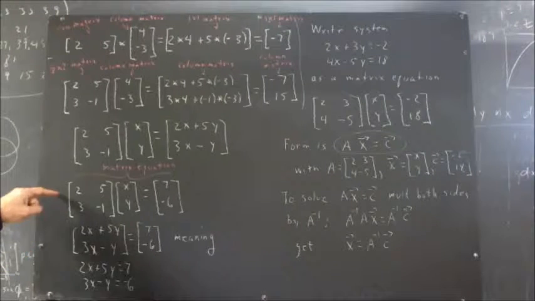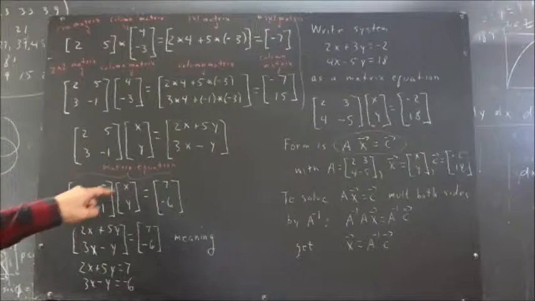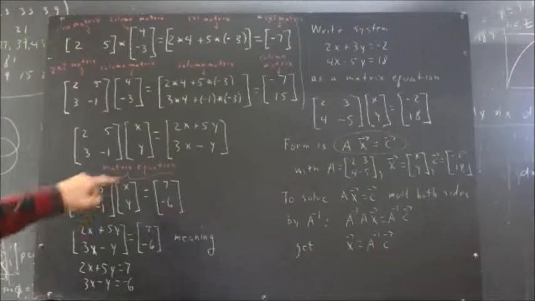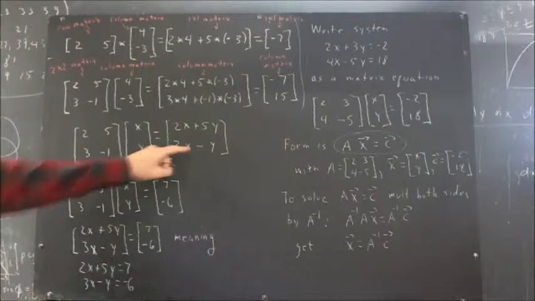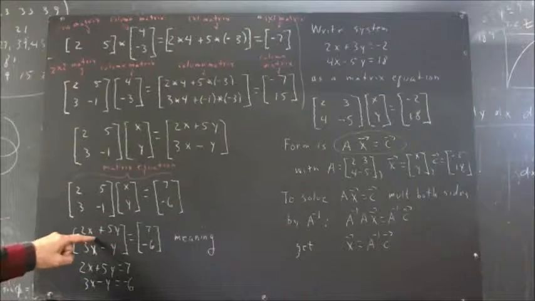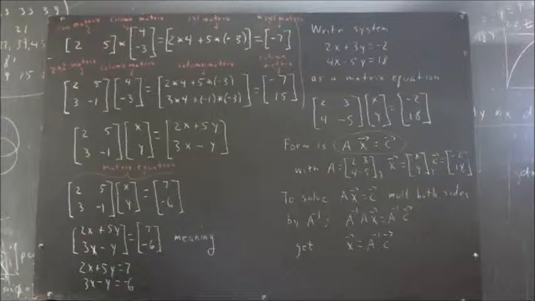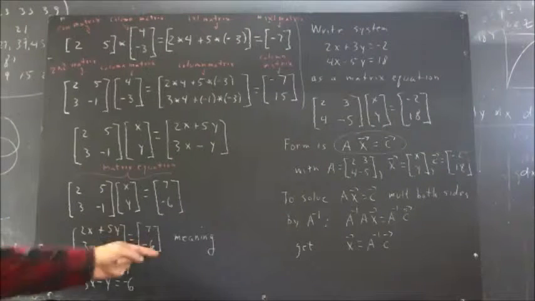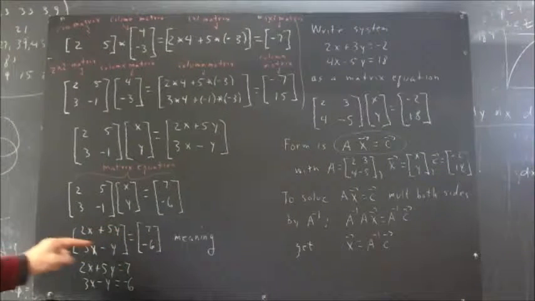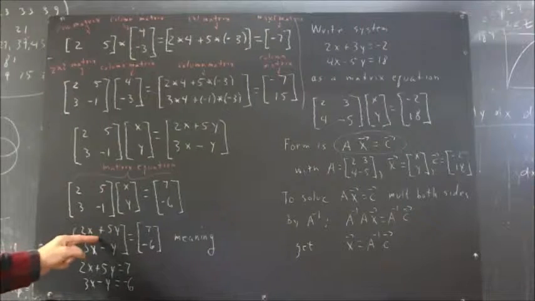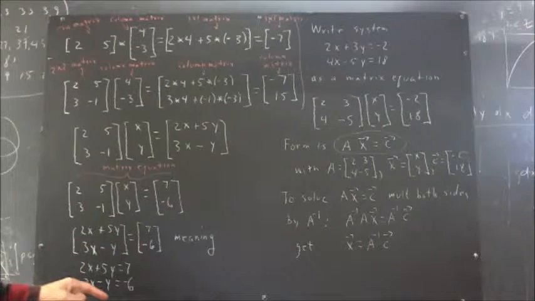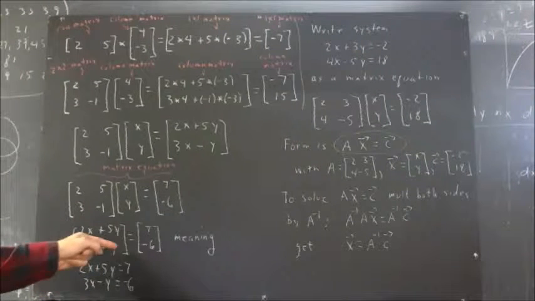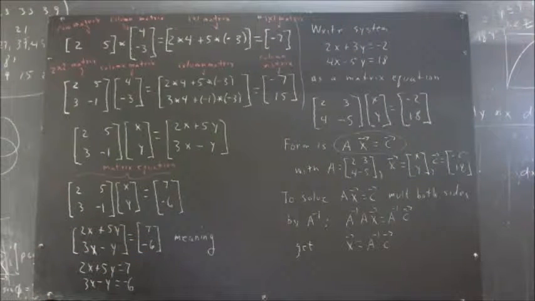Now, we could say that this equation could be written as, since 2, 5 and 3, -1 multiplied by x, y is 2x plus 5y, 3x minus y, as we saw here, that this equals this. Now, these two are equal if the first number in the column here equals the first number in the column here, and the second number in this column equals the second number in this column.